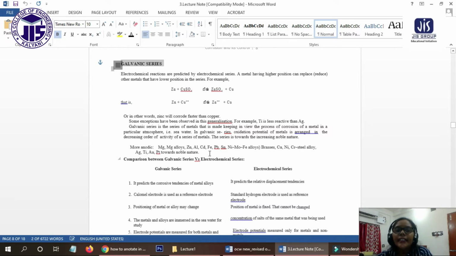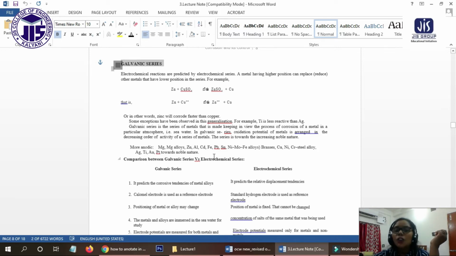You can see zinc is higher than iron, and tin is lower than iron. So according to this galvanic series, the oxidation potential of zinc is higher than the oxidation potential of iron, and then tin.